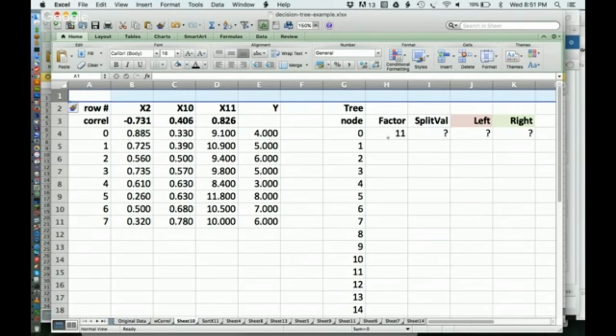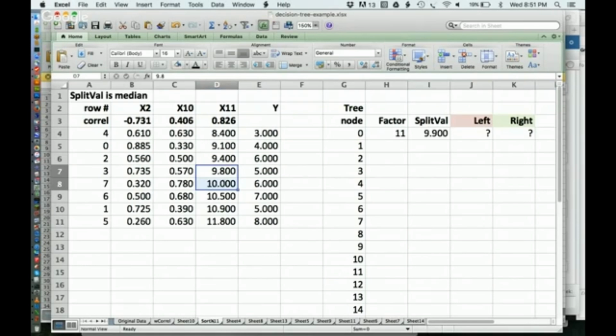Next question is, what should the split val be? And remember, we talked about using median. So easiest way to compute median is first we sort our data. So I've sorted now all of these rows according to this column.